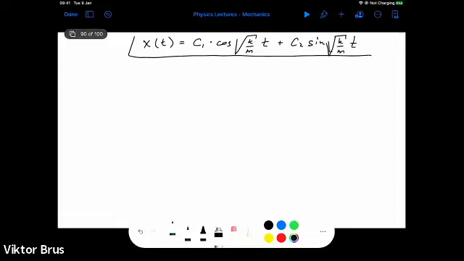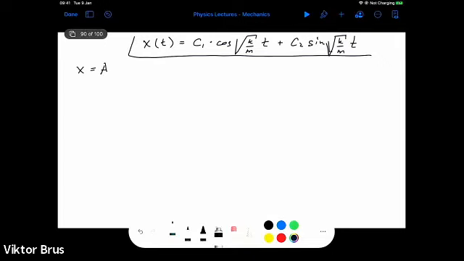We first stretch the spring to the distance x equal to capital A, and then let it go.